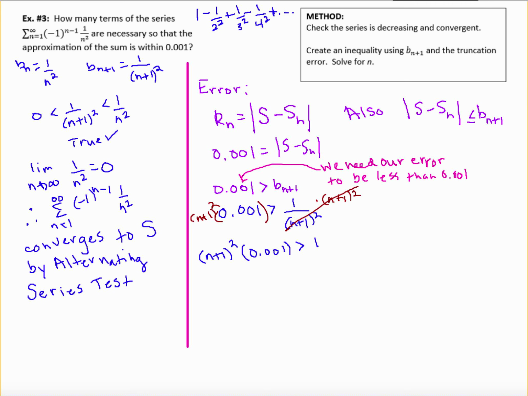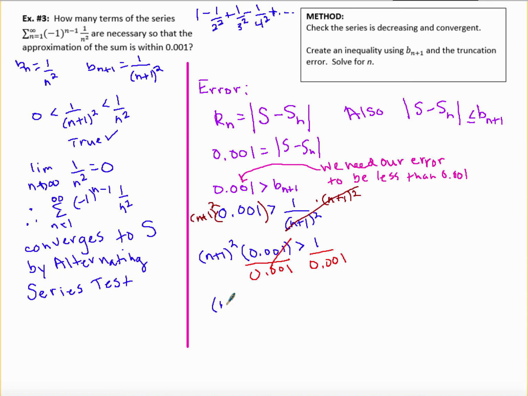Well, let's go ahead and divide both sides by 0.001. I'm not flipping my inequality because I know this is a positive result, because when you square something, it's going to still be positive, and this guy is obviously positive, so don't flip your inequality.